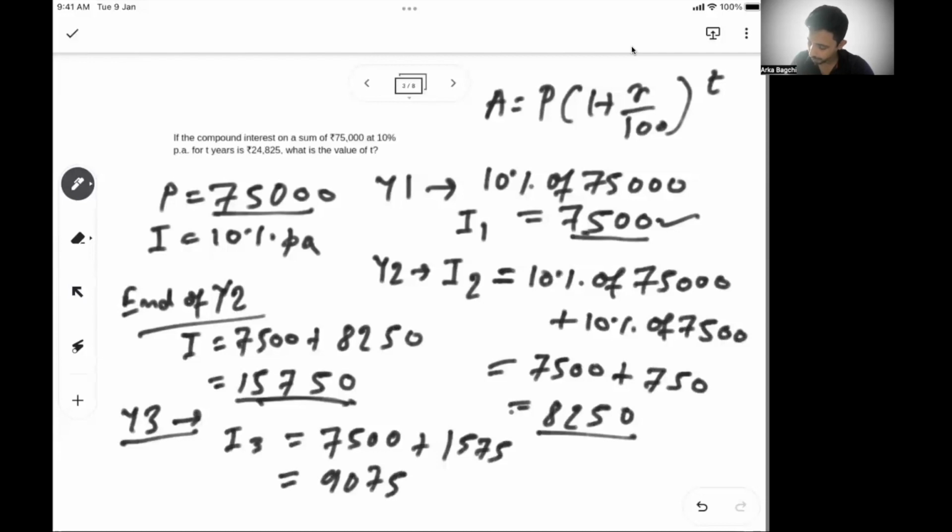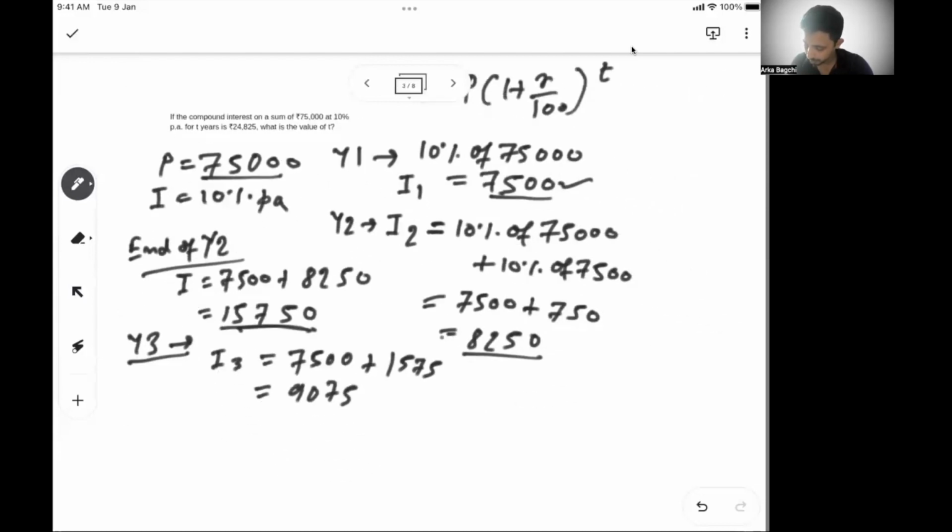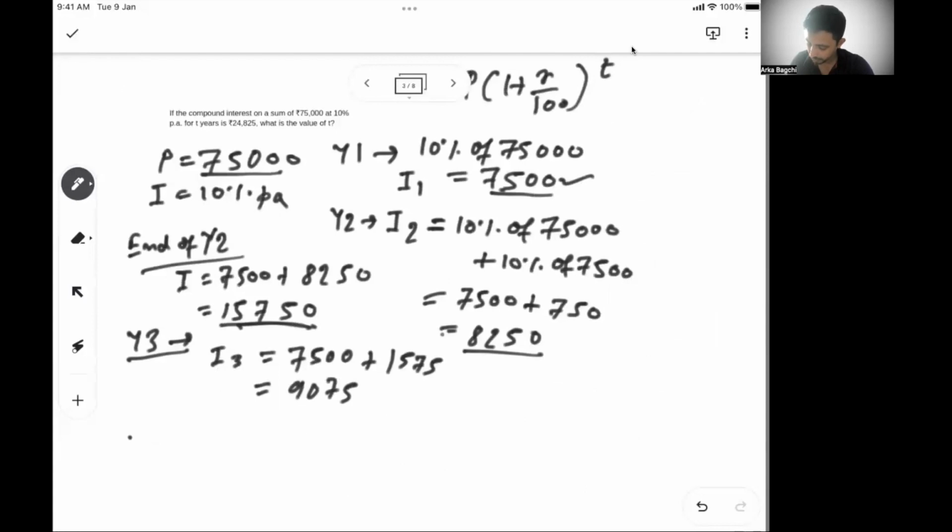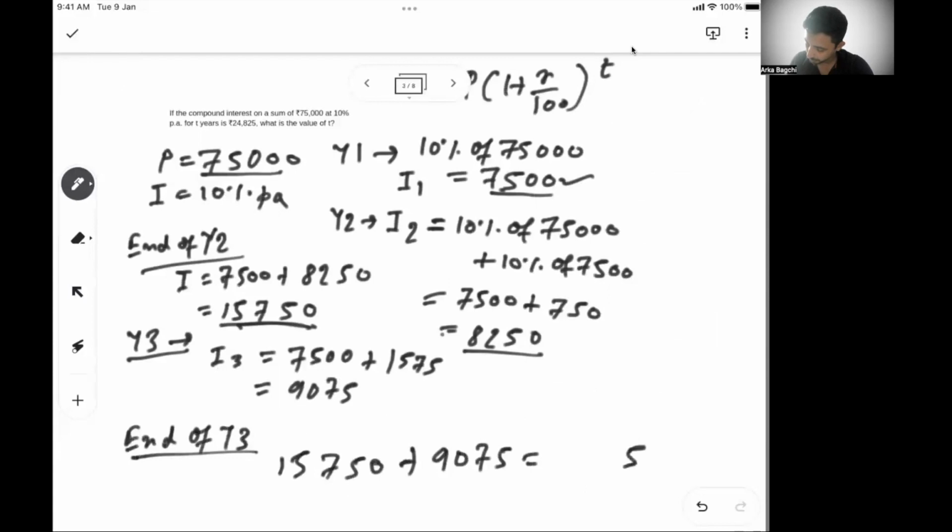Now let's see what your interest is at the end of year 3. At the end of year 3, you had 15,750 for the last 2 years, plus 9,075 from this year, so it should be 24,825.